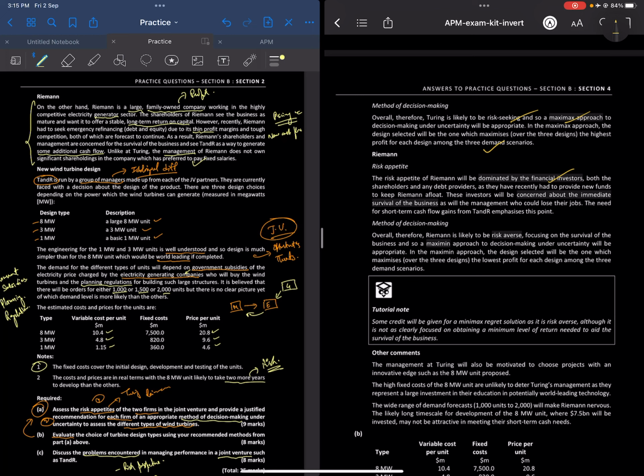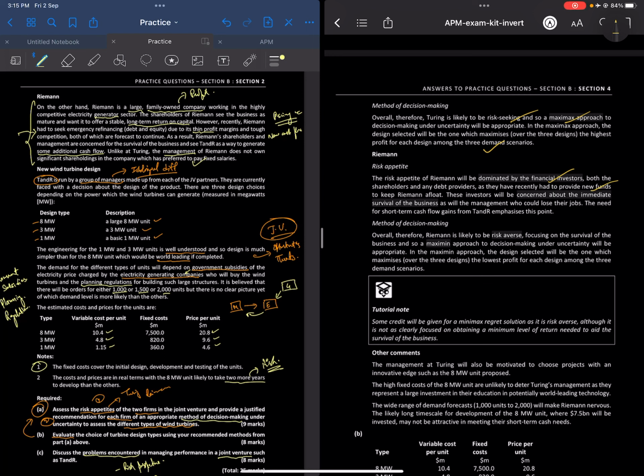Because it was the debt providers who had refinanced, right? So it's them who have a say. They had recently provided new funds to keep them afloat.